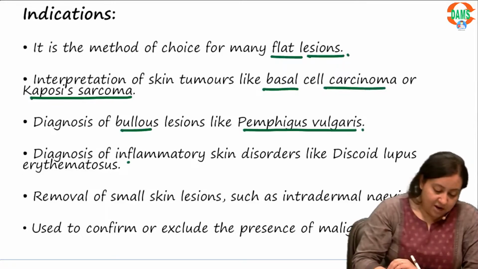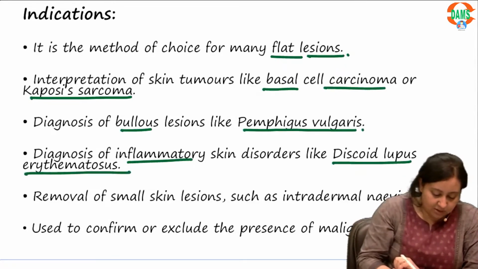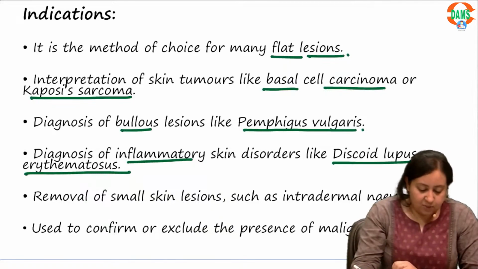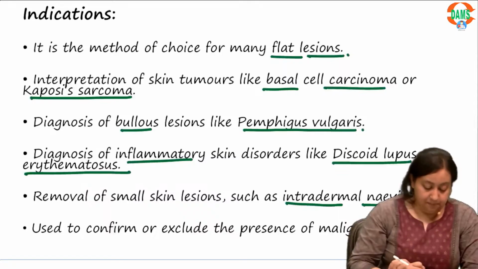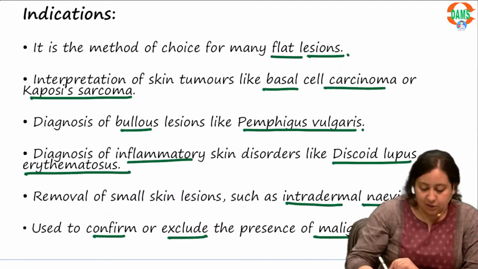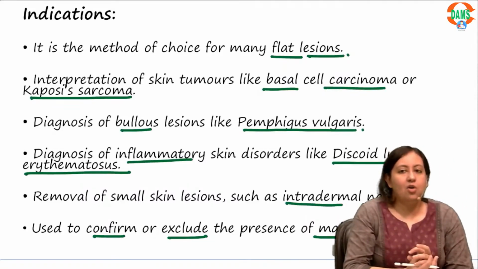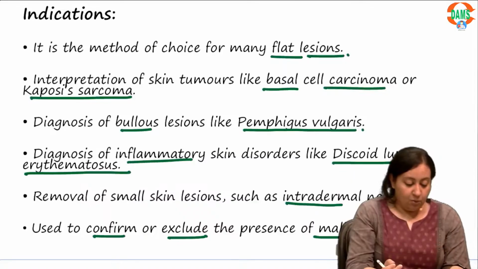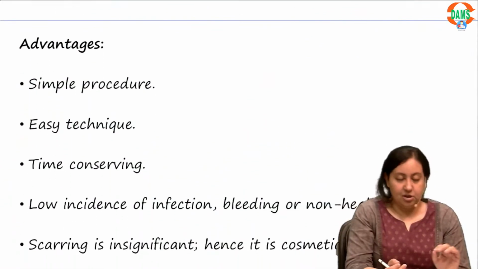Diagnosis of inflammatory skin disorders like discoid lupus erythematosus. Removal of small skin lesions such as intradermal nevi, and used to confirm or exclude the presence of malignancy. So these are your indications of punch biopsy. You can put to use your punch over here in such conditions.